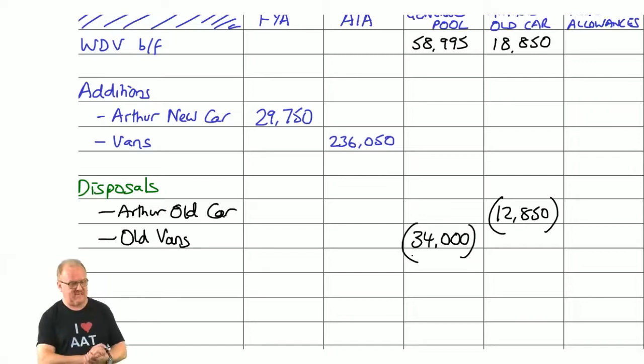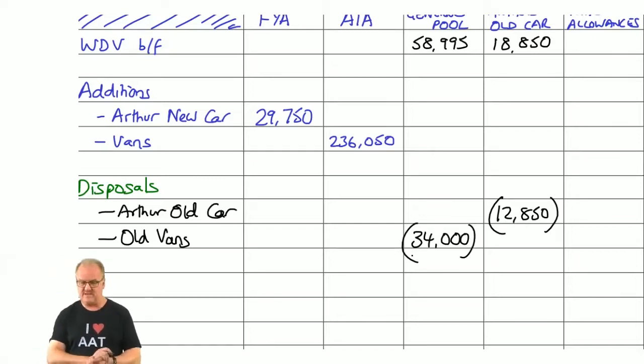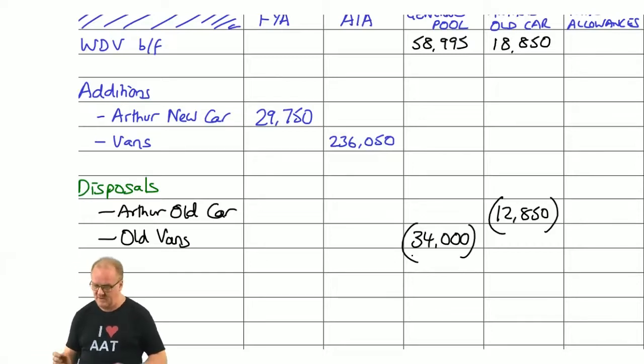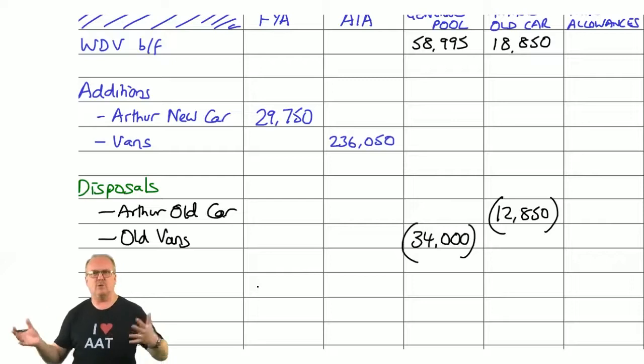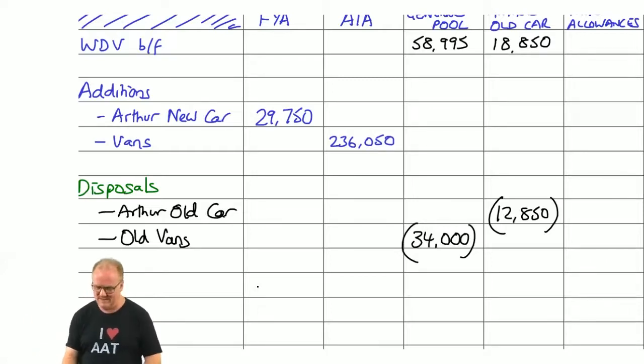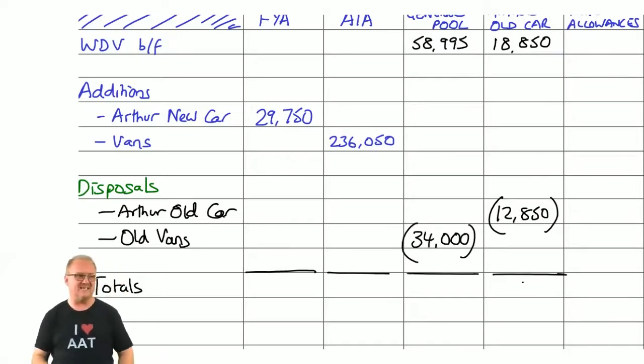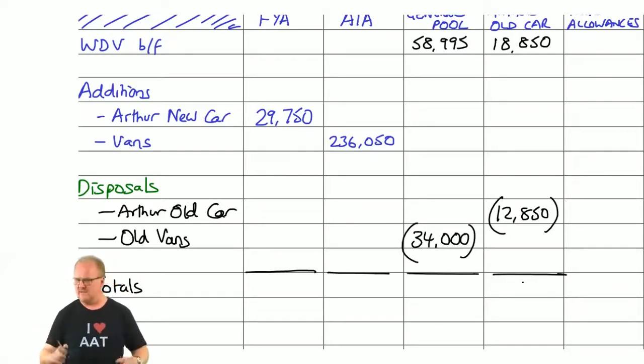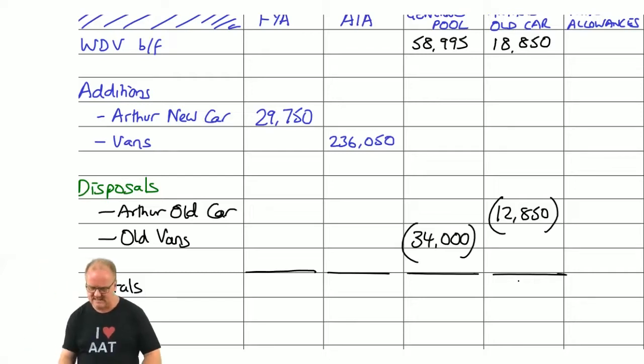And we have put in all the brought forwards, we've put in the additions, we've put in the disposals. So now what we're going to do is some totals so far. So I'm just going to put these lines in to make it a bit clearer for you looking at it. No need to put the lines in on your actual assessment.